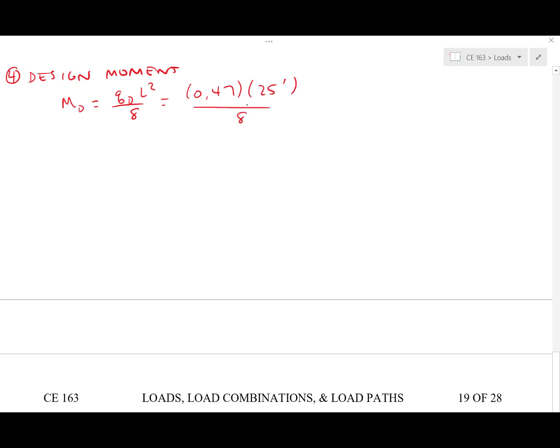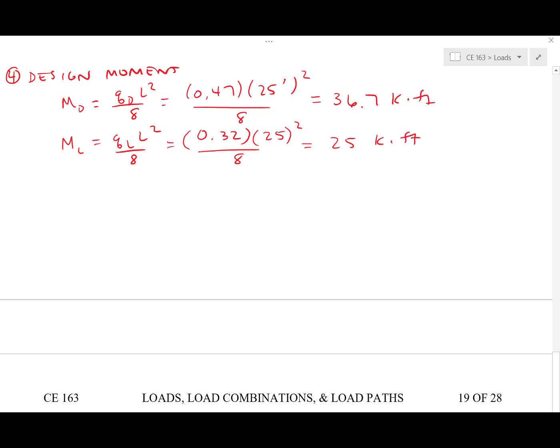Right, our beam's 25 feet long. Squared, over 8, is equal to 36.7 kip feet. We also have a live moment, Q sub S L squared over 8, 0.32 times 25 feet squared over 8, which is 25 kip feet for our moment.